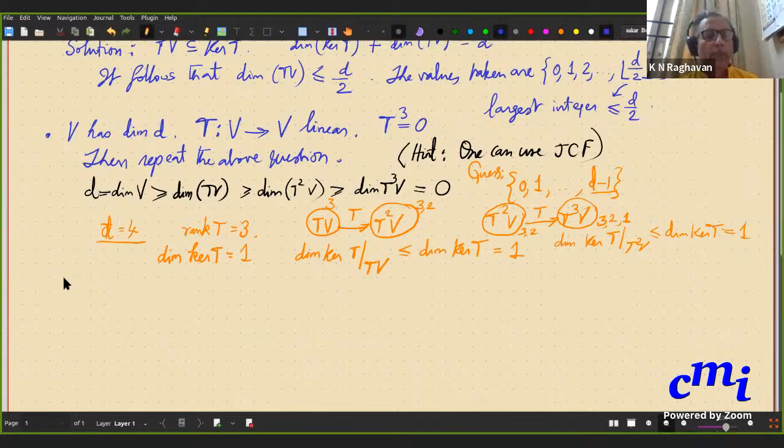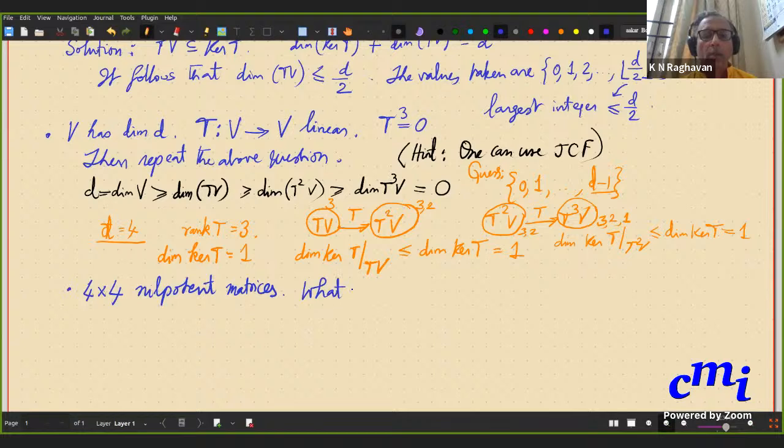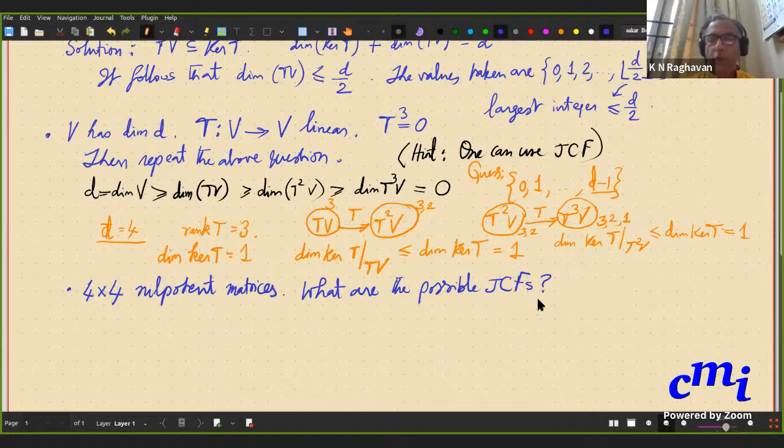Suppose I take 4 by 4 nilpotent matrices. What are the possible Jordan canonical forms? That's the question. Yes, Annamalai, please go ahead now.